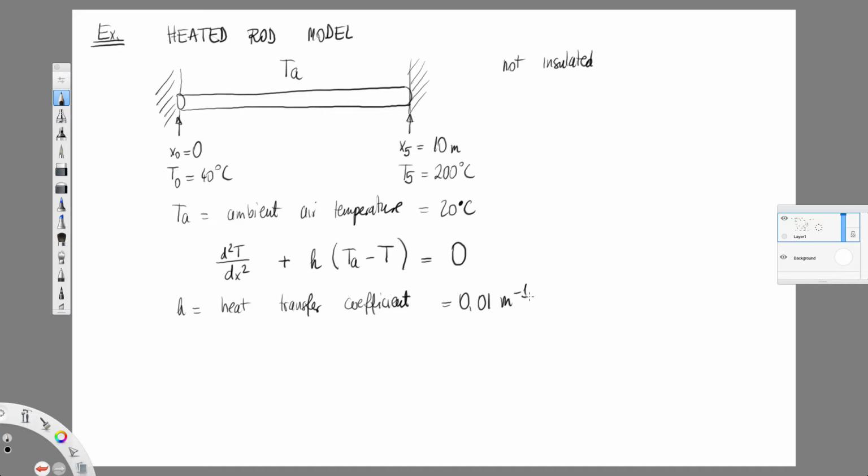So what I will do is I will say, okay, let's solve for 4 points in between, and I will equally space them. So this is my location x1, this is my location x2, x3, x4. So we discretize the problem.